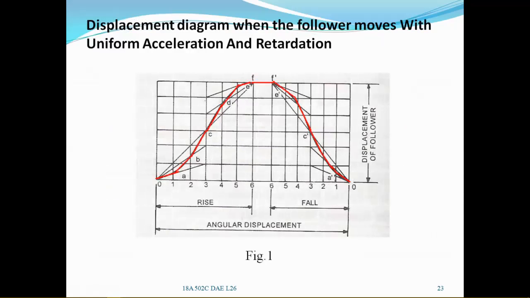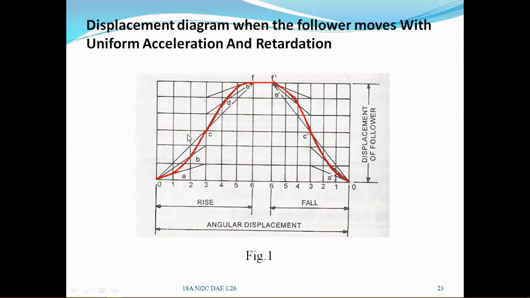So here is the displacement diagram as we have explained previously. This is the angle of rise or outward stroke, and this is the angle of fall, that is the return stroke, and between these two will be the dwell period. Similarly, draw vertical lines and also divide this lift into the same number of equal divisions.